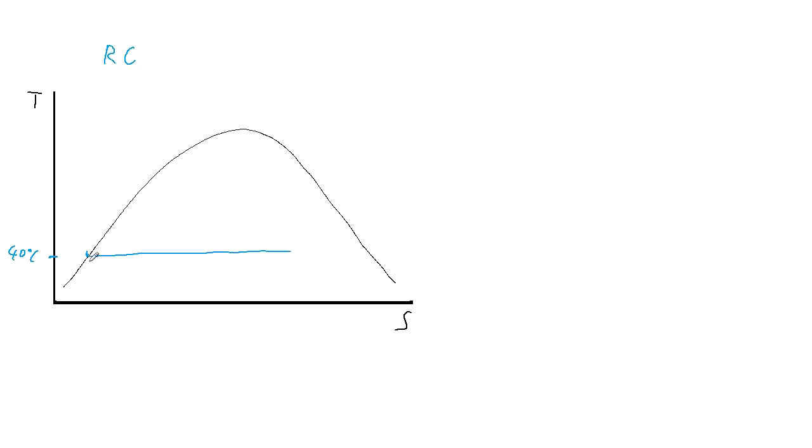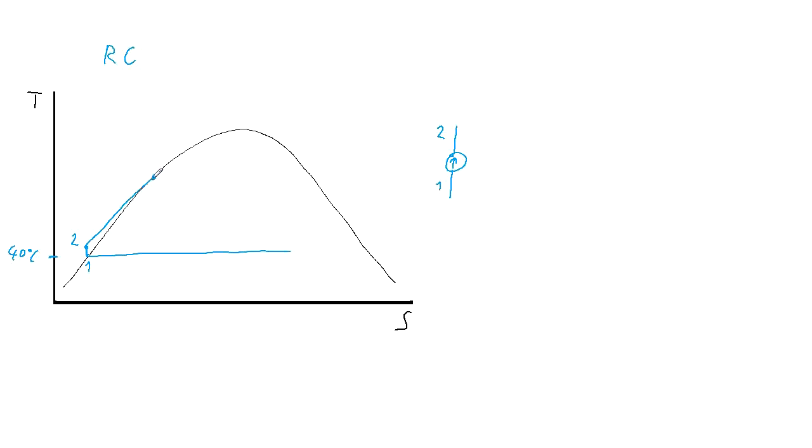Then let's call this point 1. Then there is the pump going to point 2, where we said that we will neglect the temperature difference, but here we will illustrate it. So we have a pump and some process going from point 1 to point 2.